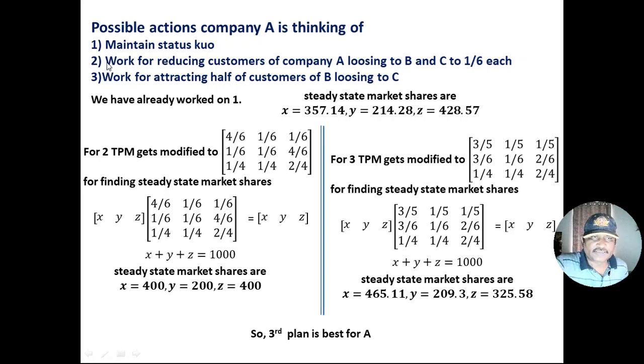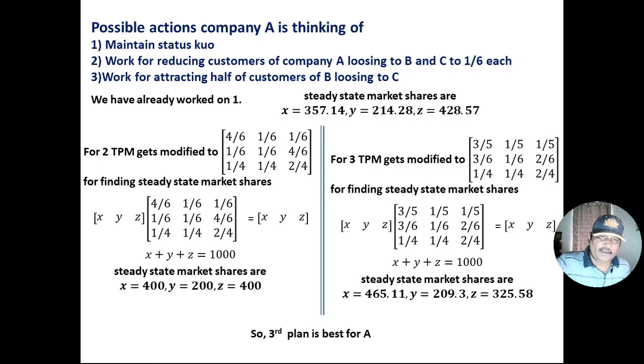By the second strategy, that is working to reduce the customers of company A losing to B and C, the steady state market share for company A is 400, and by attracting customers of B losing to C, the steady state market share is 465.11. Right, so this is the maximum market share for company A, so this should be worked upon. Okay, plan third should be worked upon.